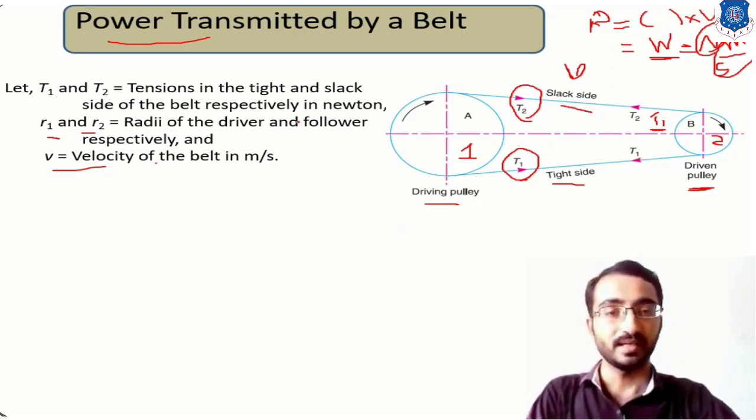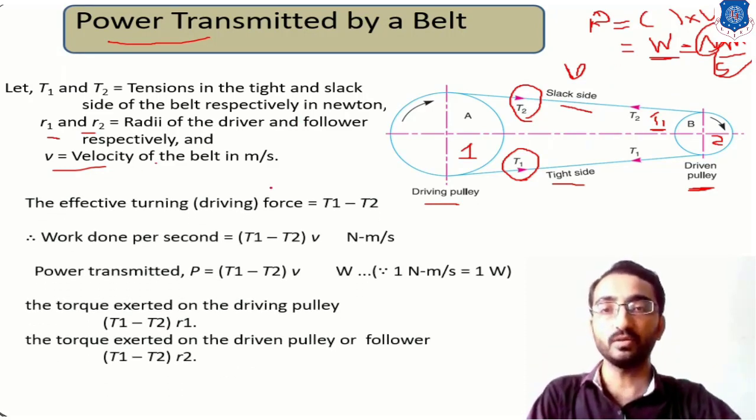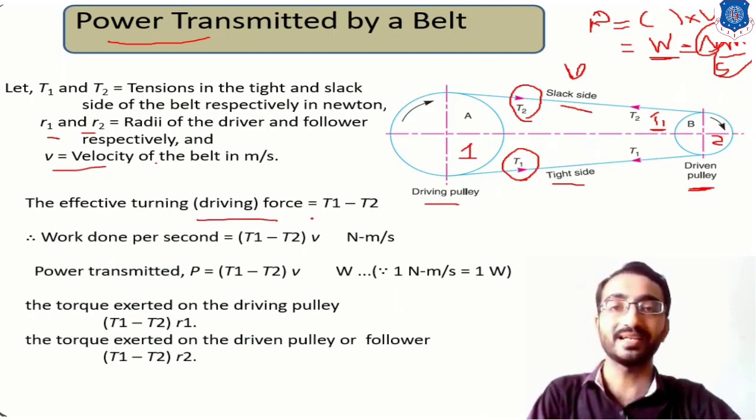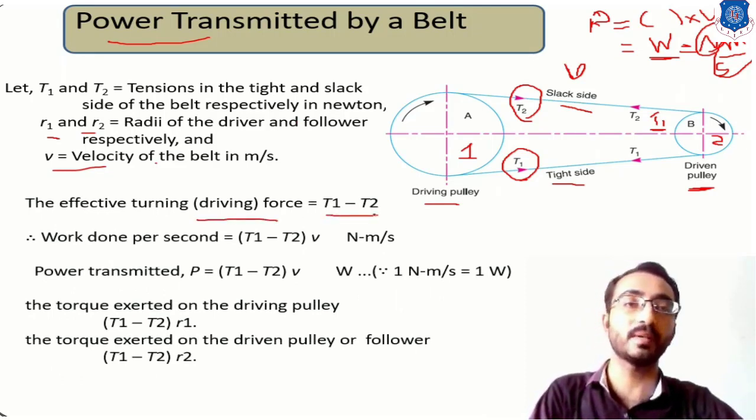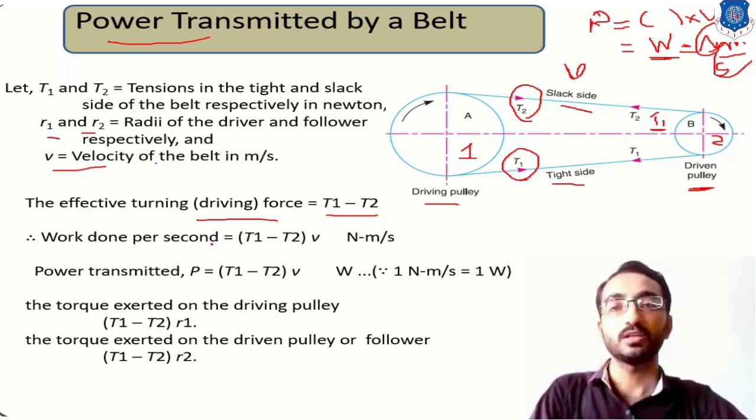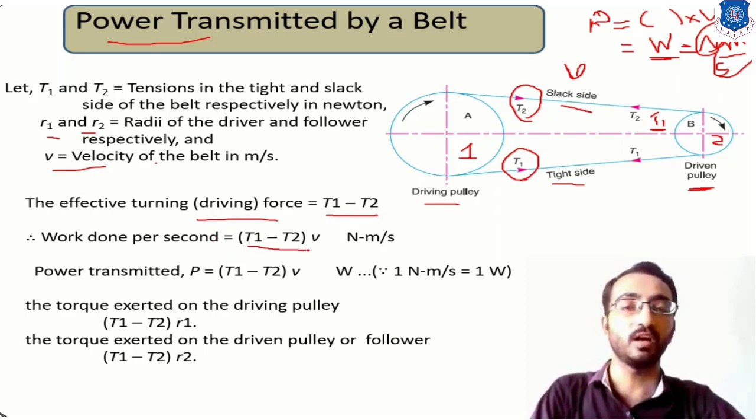Let's consider the effective change in force, that is the difference of force, T1 minus T2. The work done per second is (T1 minus T2) into V, the work produced by the difference of belt tension. This is termed the power transmission per second.